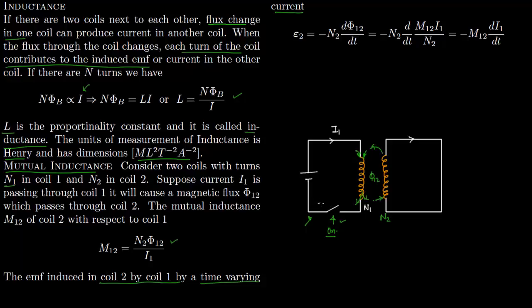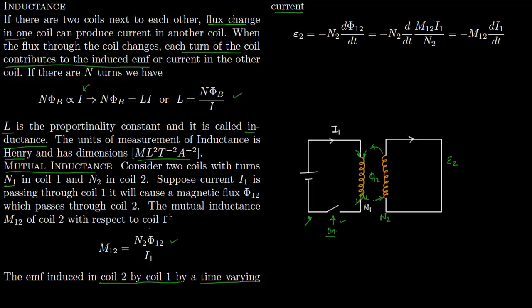In between, when the current is steady, there will be no EMF produced. So the EMF produced in coil 2, E2, is given as minus N2 times d phi by dt. This is the standard formula.